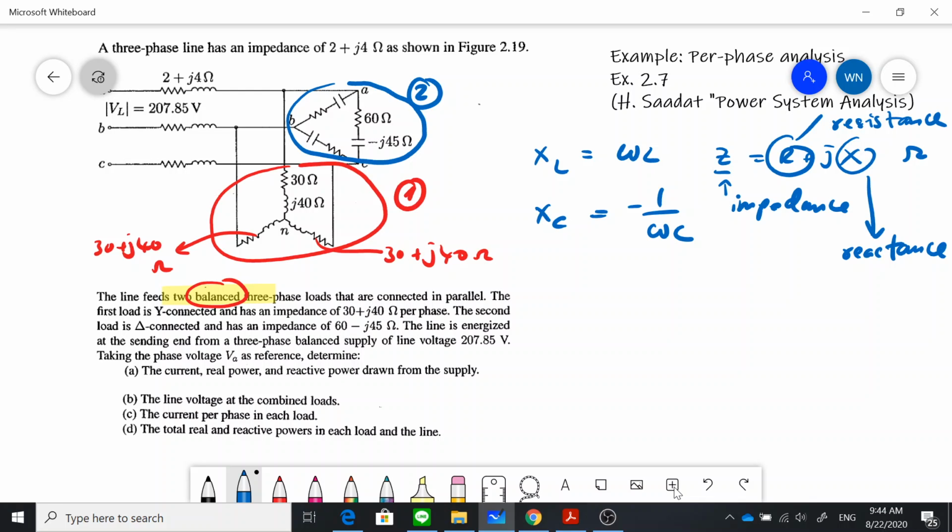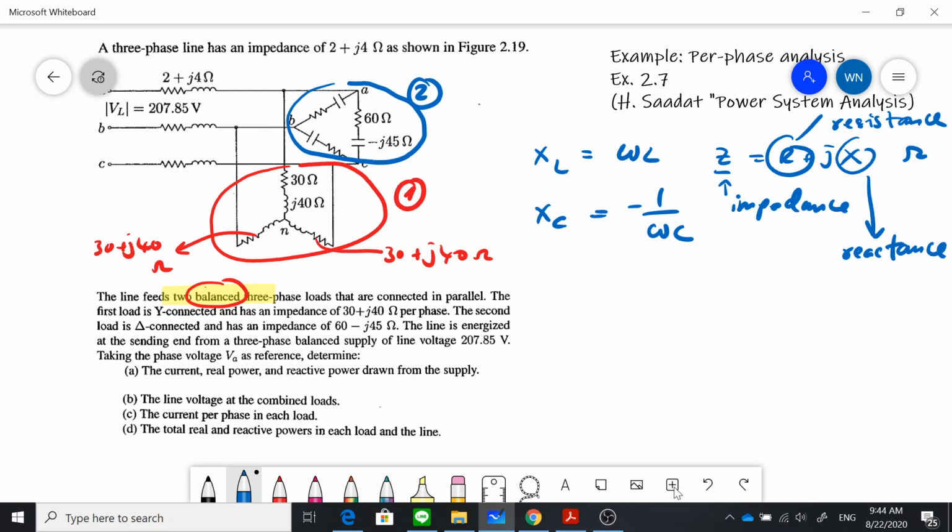So the line is energized at the sending end from a three-phase balanced supply of line voltage. The problem says the line is energized, which means that it is supplied by the source voltage, with a line voltage magnitude of 207.85 volts.